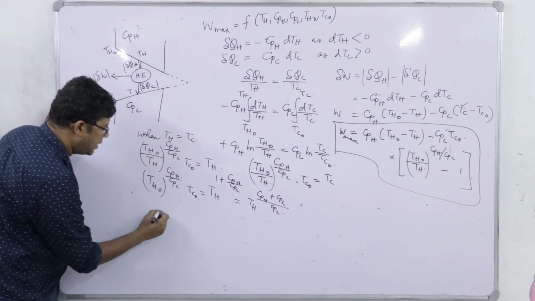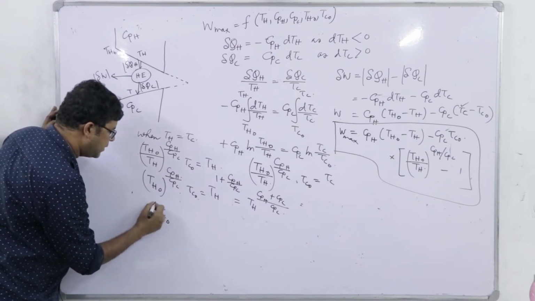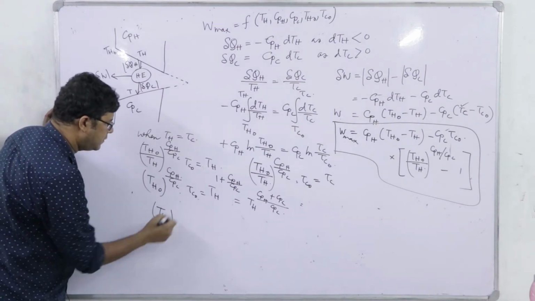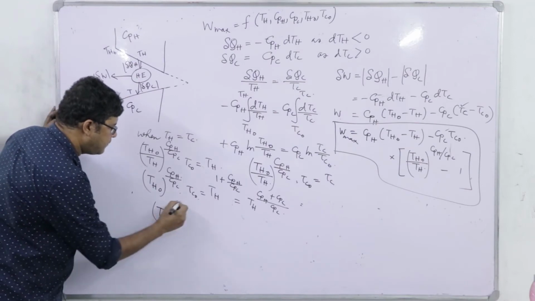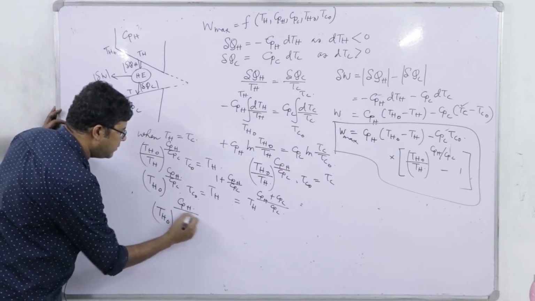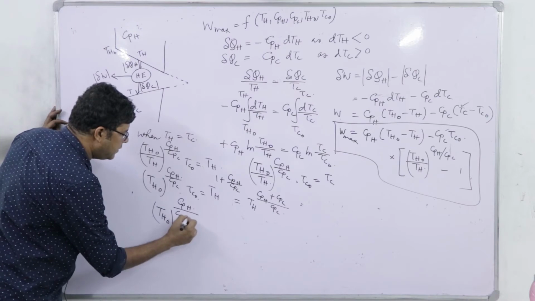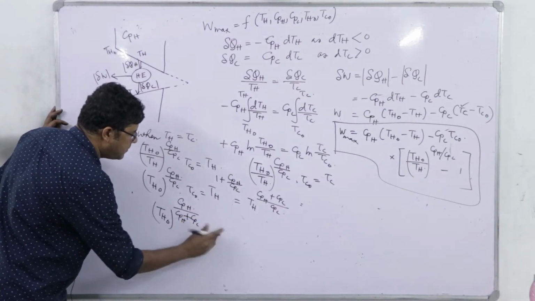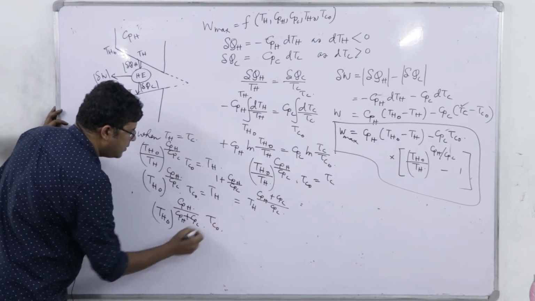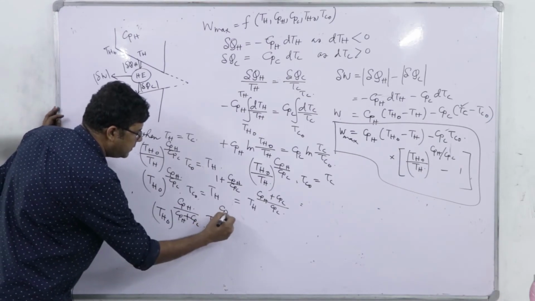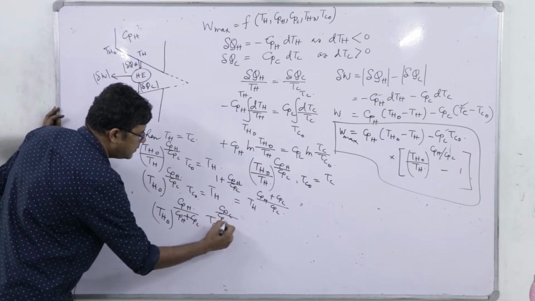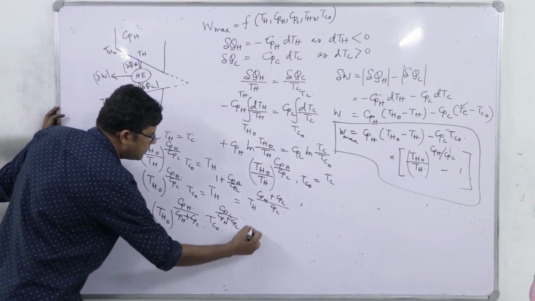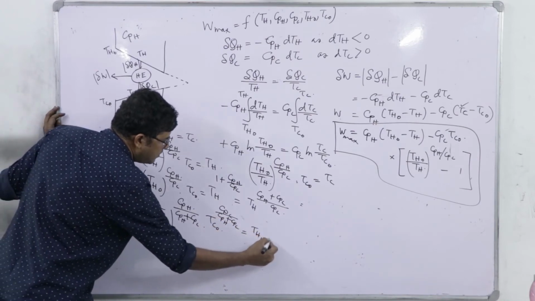So, if you go for inverse powering, (TH naught to the power CPH divided by CPH plus CPC) into (TC naught to the power CPC divided by CPH plus CPC) equals TH minimum.